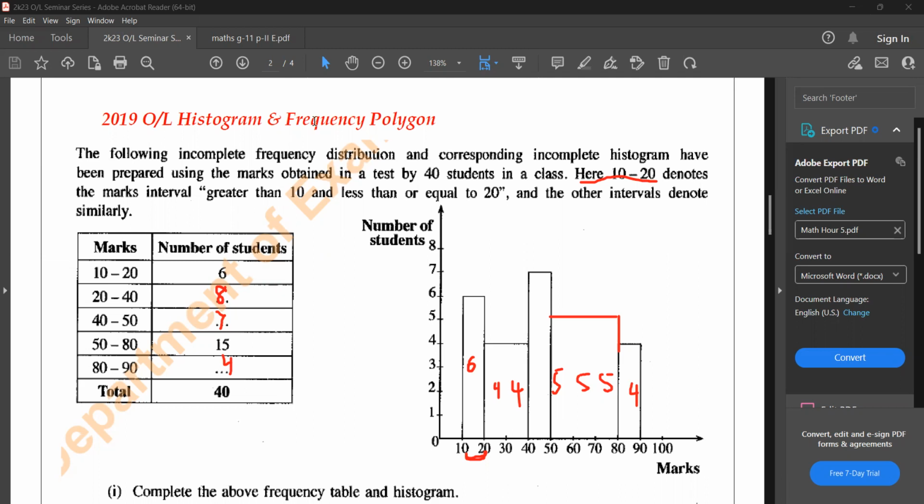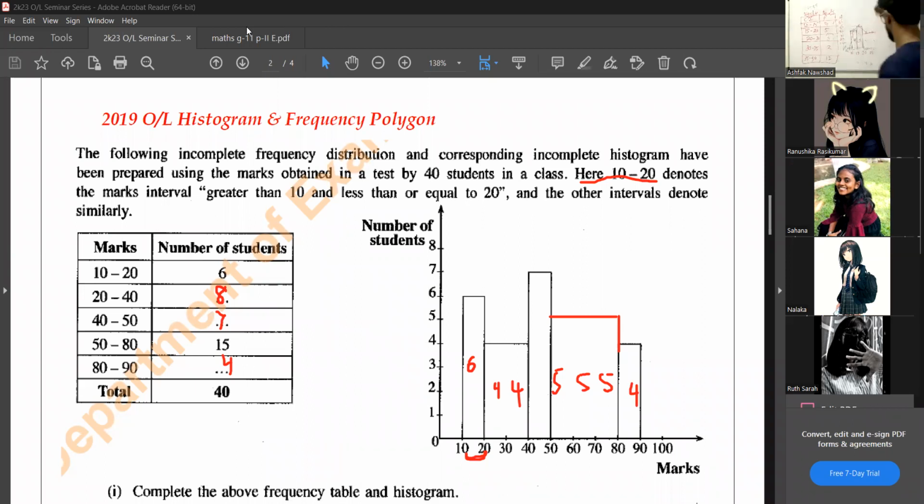Okay, there's an answer saying 65%. Is that the answer you got? Let's see. They ask us to represent the students who obtain more than 40 as a percentage.